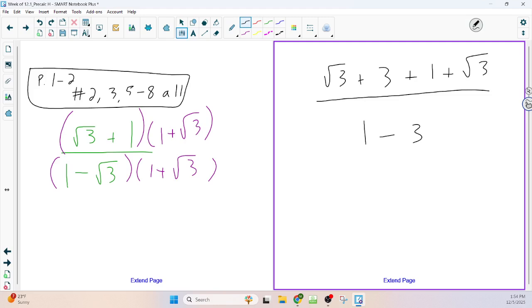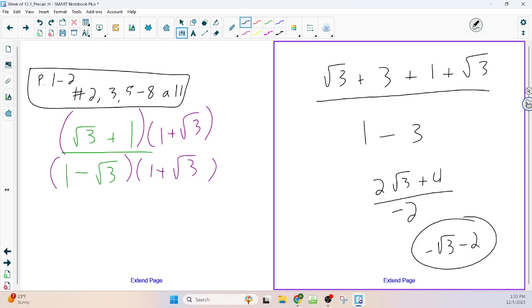I wind up with 2 root 3 plus 4 over negative 2. You can do this. I'm just going fast. You know how to do this. Negative root 3 minus 2. Answer. That's it. That's the sum and difference formula. That's really all you need to know.